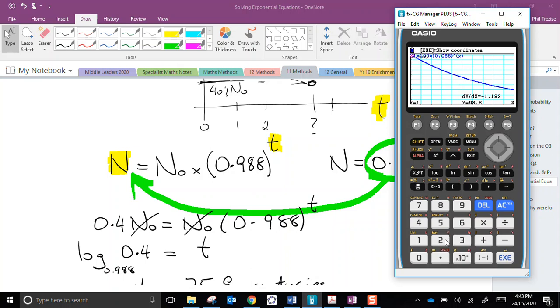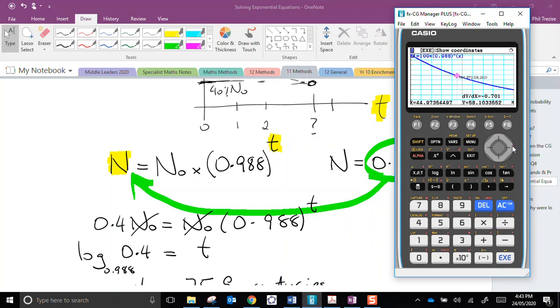If we were to go to 2 centuries later, now this is 1.2% reduction of the 0.988 that we had a moment ago. Now, let's see if we can keep on going until we get down to, we're looking for this to be 40% of the original, or 40 atoms.